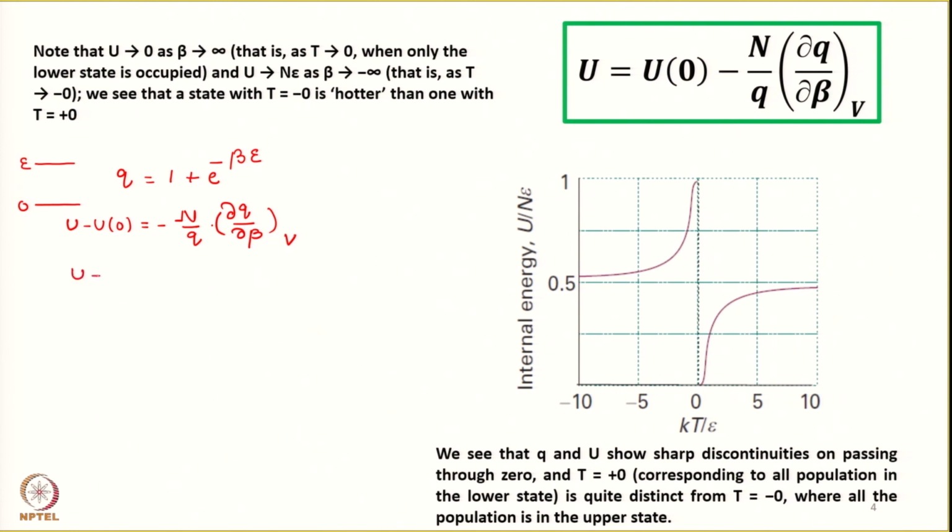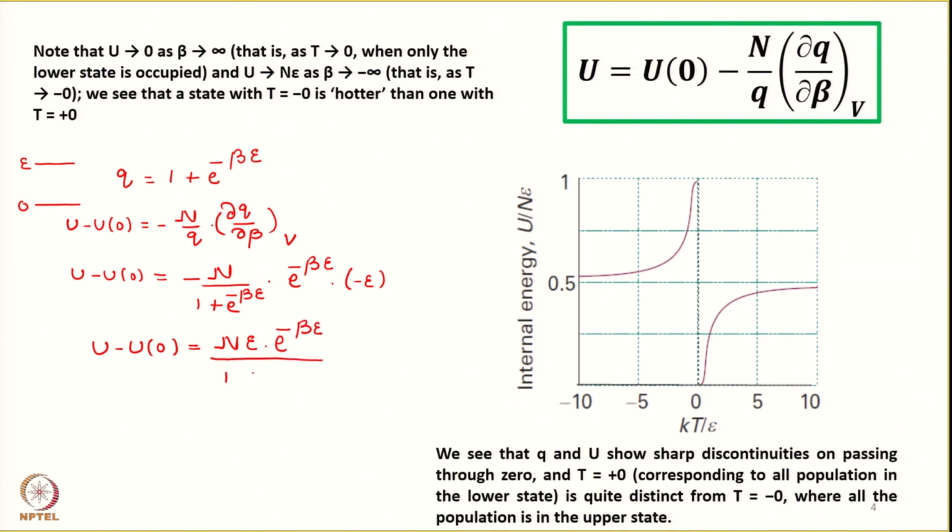So U minus U0 is equal to minus N divided by 1 plus exponential minus beta E, into the derivative of exponential minus beta E, which is minus E times exponential minus beta E. So U minus U0 is equal to N times E times exponential minus beta E, over 1 plus exponential minus beta E, as the negatives combine to become positive.